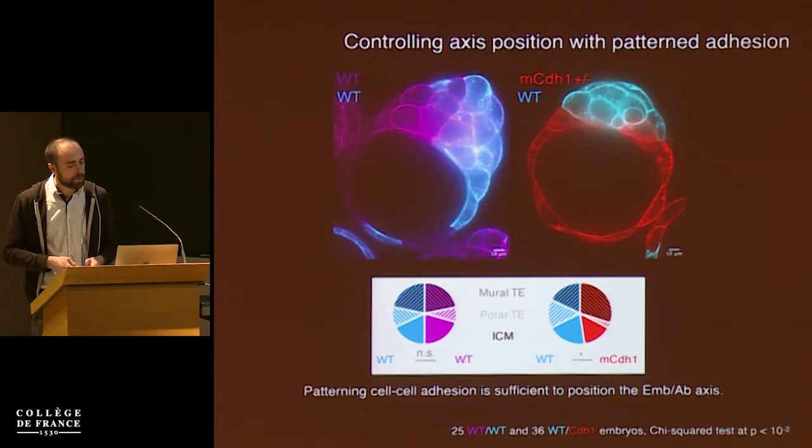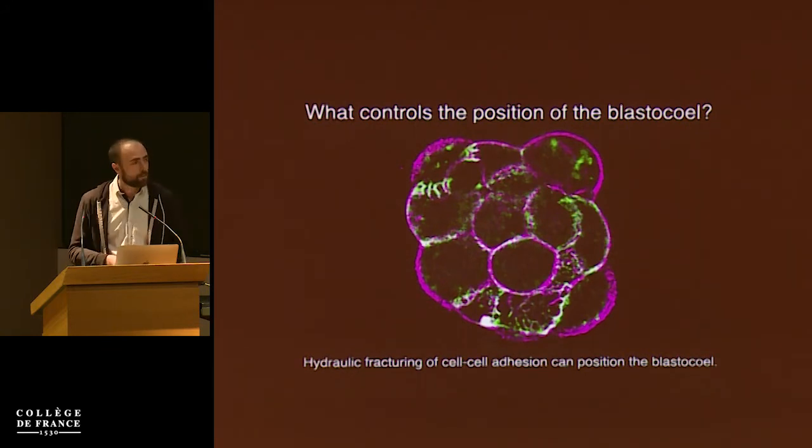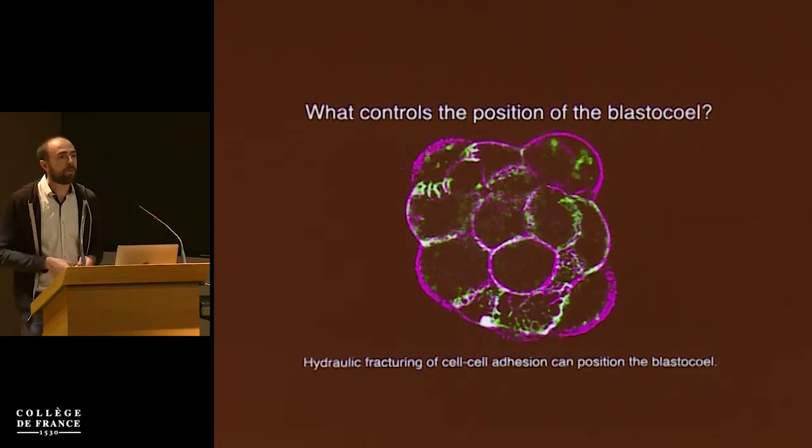So the first question was, what controls the position of the blastocoel? Well, patterned cell adhesion can control the position of the blastocoel and can orient the first axis of symmetry of the embryo. So this is one way that we could imagine of how the embryo could position its axis. So we looked into any kind of pattern of adhesion.